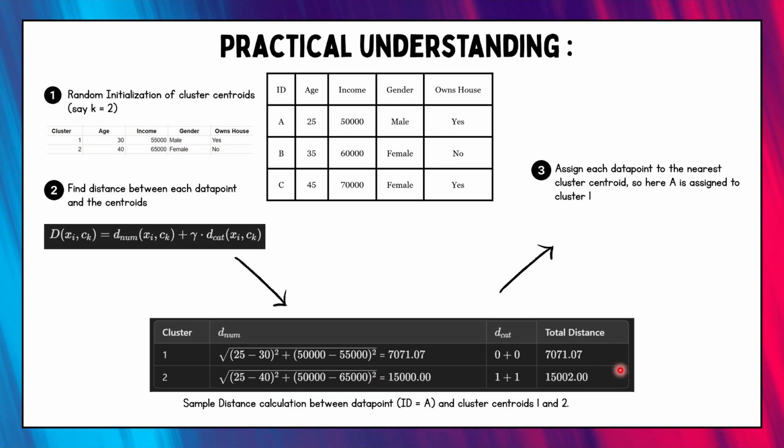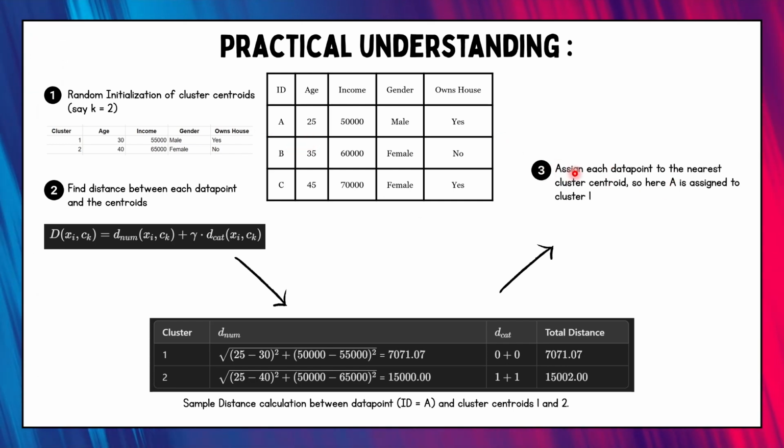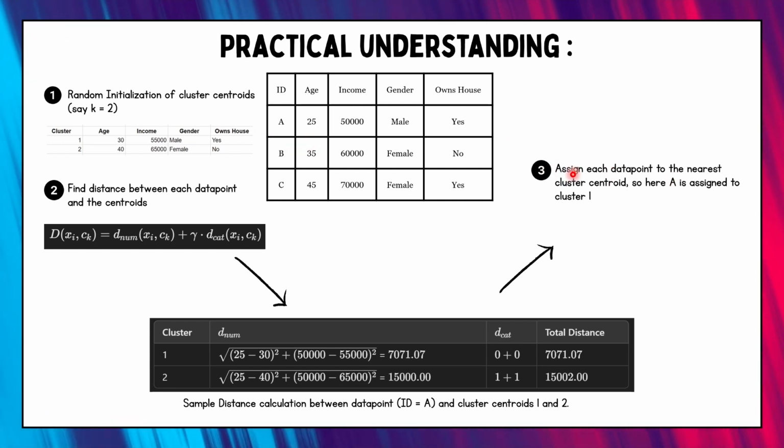So we got a distance. Then we can understand from over here that our data point is closer to cluster 1. So I can assign that my data point A belongs to cluster 1. So the third step is to assign each data point to the nearest cluster centroid. So here A is assigned to cluster 1. Now one important thing, guys.